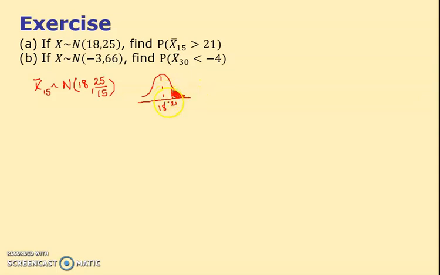The lower now is the 21. The upper is infinity, so I just write 9999. And my sigma is the square root of this 25 over 15. You can type it in like that. Square root 25 divided by 15, close bracket. And my mean was 18.